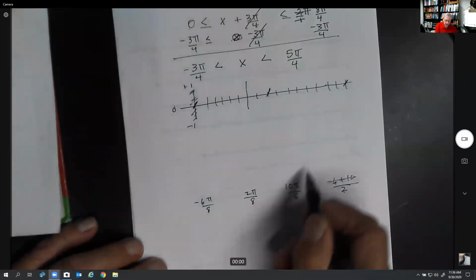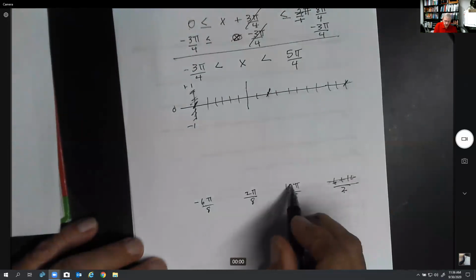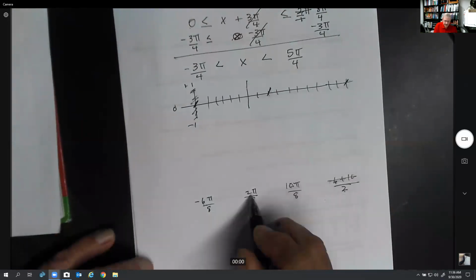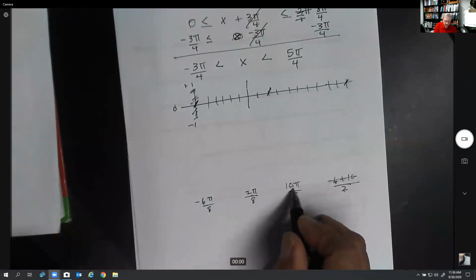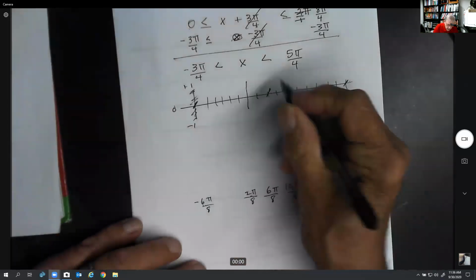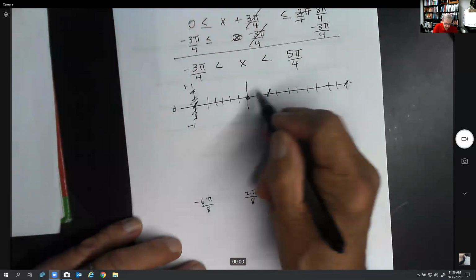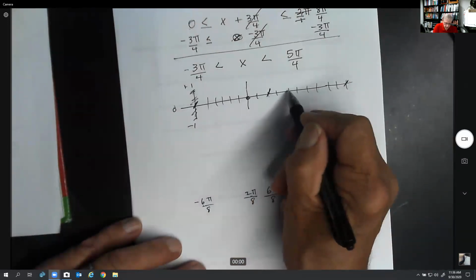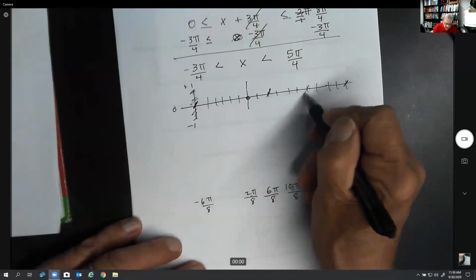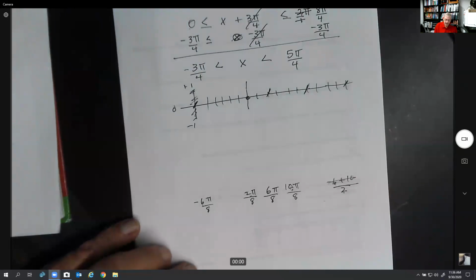Now I want to find the midpoint. It's probably easier to find it between these two numbers. 2 and 10 is 12. Split that in half. That'll be 6. 6 pi over 8, starting at the 0 point. This is my 0 point here. 1, 2, 3, 4, 5, 6. Does that look like it's halfway between these two? Yes.